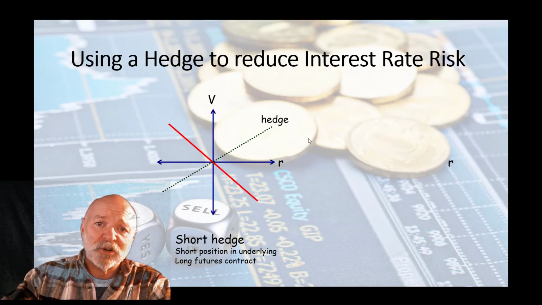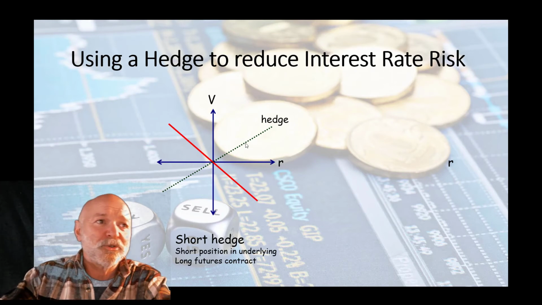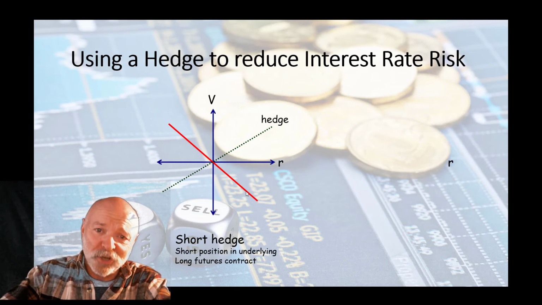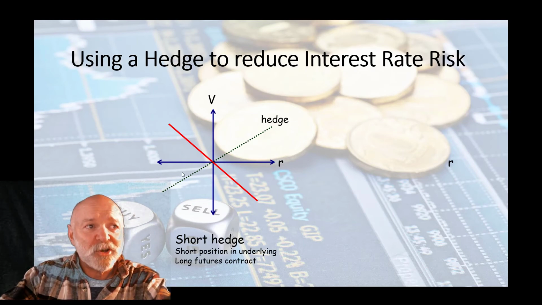We're entering into an agreement to buy those at some point in the future. So if interest rates go up, then we're going to make money from the hedge, and that's going to offset our losses in the underlying market. We don't have to go 100% hedged, and if we did go 100% hedged, essentially our payoff would be this vertical line.